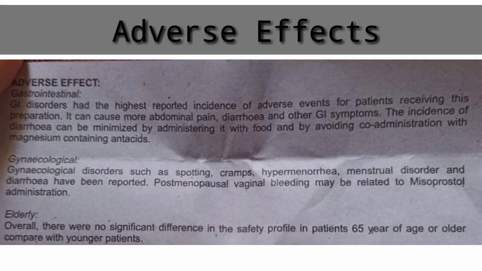The incidence of diarrhea can be minimized by administering it with food and by avoiding co-administration with magnesium-containing antacids. Gynecological disorders such as spotting, cramping, hypermenorrhea, menstrual disorder, and diarrhea have been reported. Postmenopausal vaginal bleeding may be related to misoprostol administration.